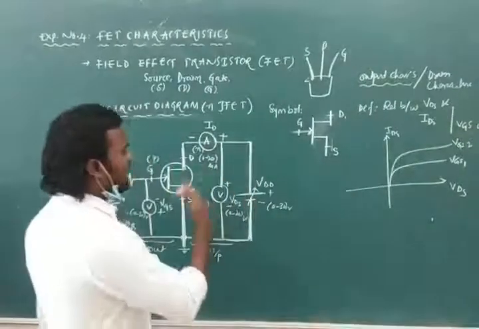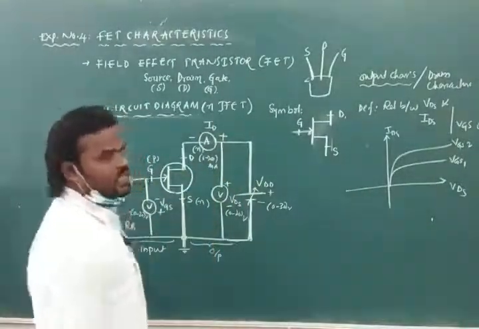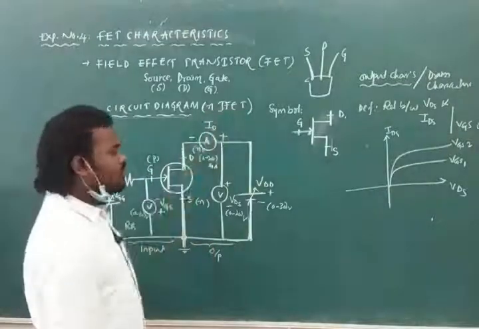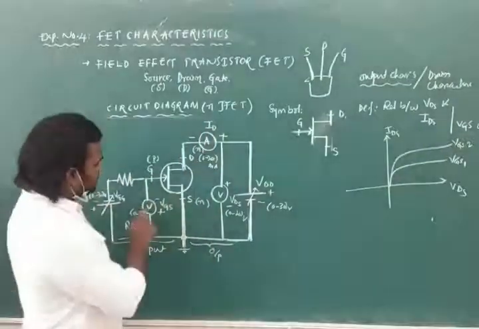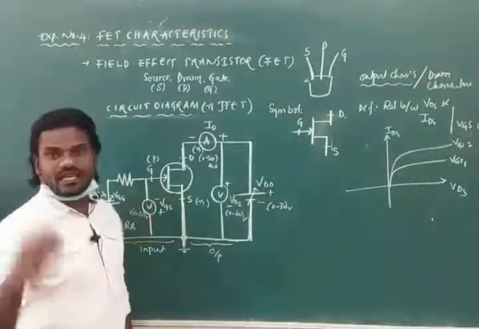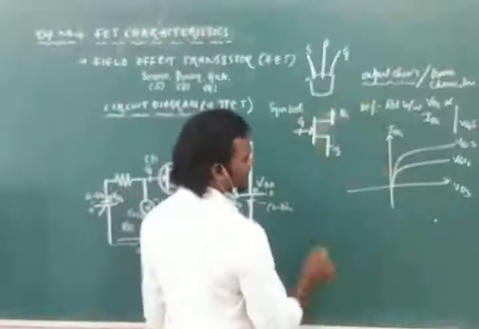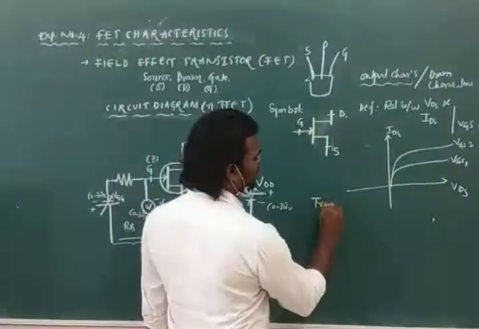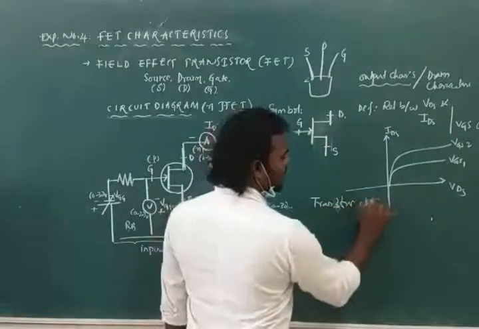Output characteristics completed. Next we can go with the input side, but in order to get the input characteristics, it requires current also. The voltmeter is there, but the ammeter is not there. So we go with another characteristic called transfer characteristics.